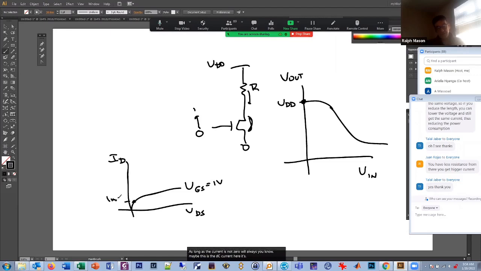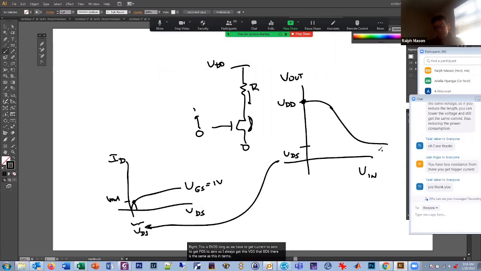It's 1 milliamp or something. I don't know, whatever it is. VDS never goes to 0, right? We have to get current to 0 to get VDS to 0. So I always get this VDS. That VDS there is the same as this in terms of the characteristic curve. So I never get to 0.